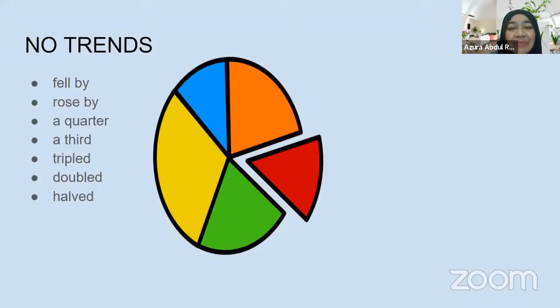Descriptions cannot be as animated as with a dynamic graph. So when you're reading the question, you really have to make sure: is it a dynamic graph or a static graph? Because if you get that part wrong, the whole analysis will be wrong. We will talk about how to differentiate these two later on.